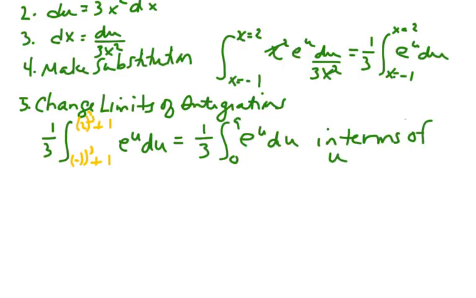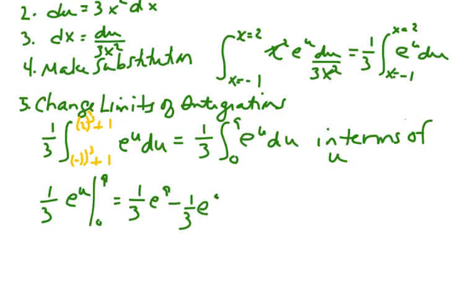Now you can take the antiderivative of e to the u, and hopefully you remember that the antiderivative of e to the u is just e to the u. And now we're evaluating it at the upper and lower limits of 0 and 9. So this is 1/3 e to the 9th minus 1/3 e to the 0. And recall that e to the 0 is just 1.